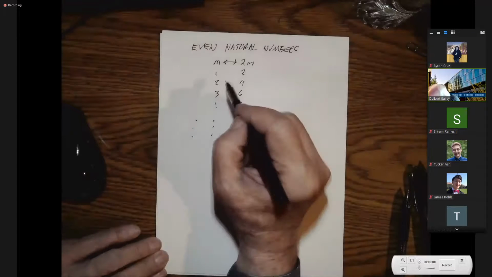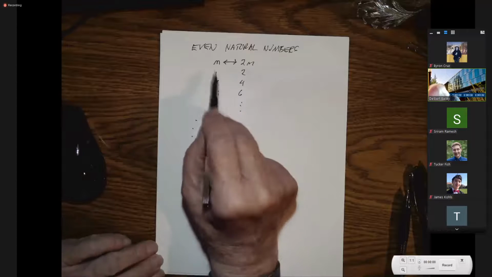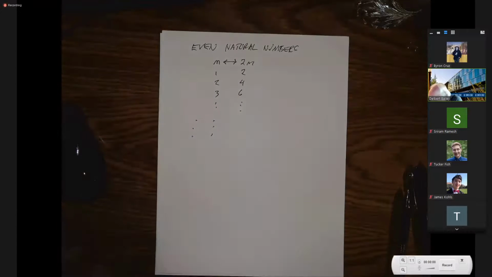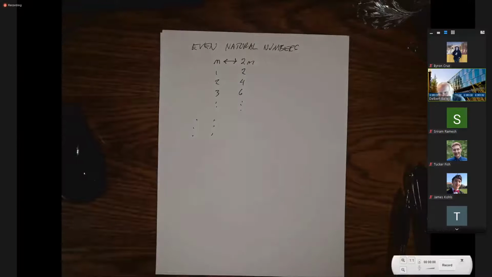Okay, we get the strange thing with this when we say that all of the natural numbers has the same cardinality as only half of them. I'm sure that seems a little weird, that these are really the same number.